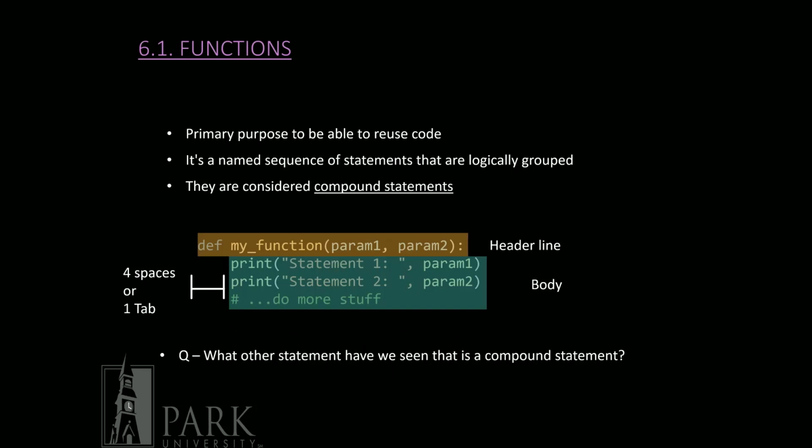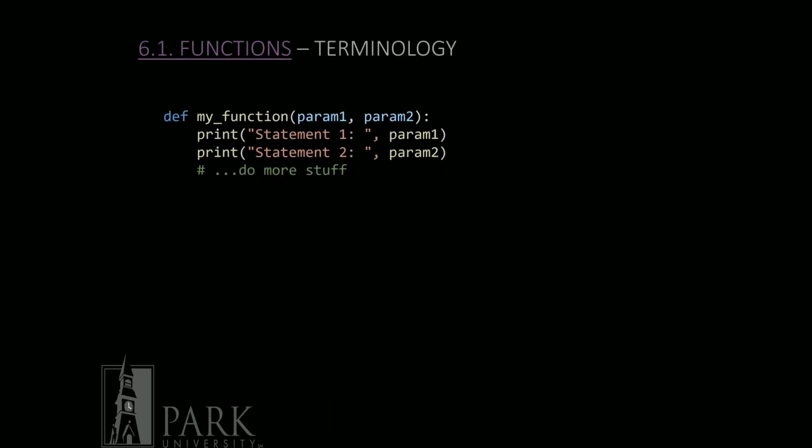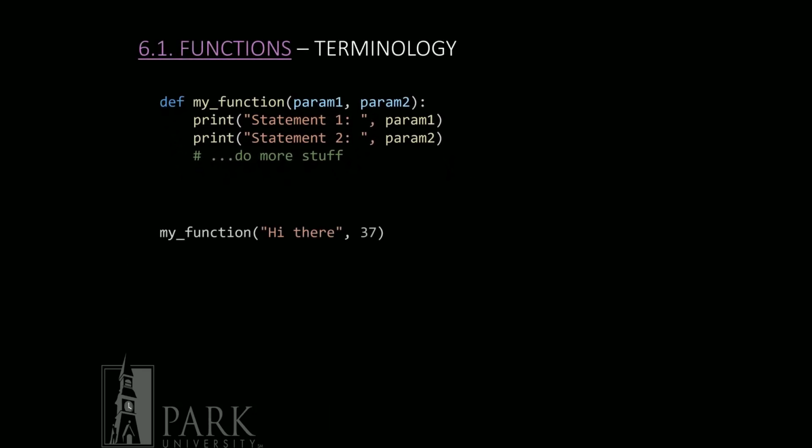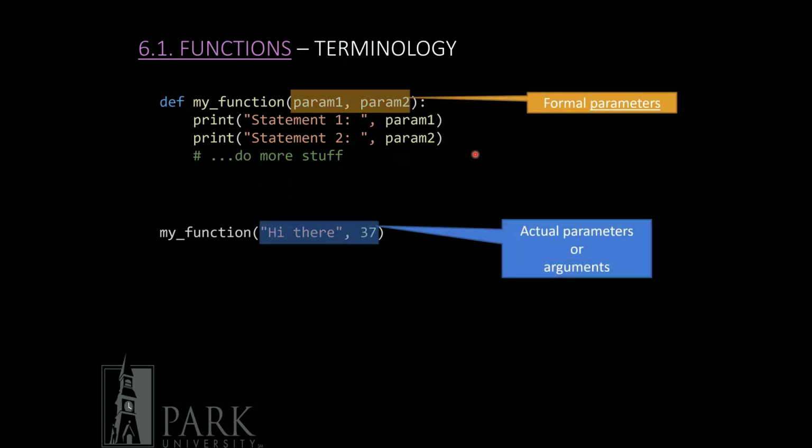There's a couple more bits of terminology that you need to be familiar with when working with functions. The first one is that the arguments or the variables that we pass into a function, the technical name for those is formal parameters. This is when you are defining the function. When we actually go to use the function in our programming, we call them actual parameters or arguments.